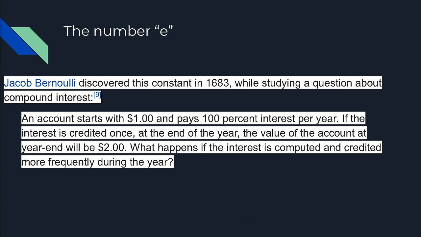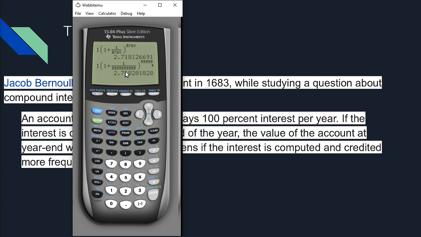And this is a big deal. There is this number, Bernoulli said, e. And e is the number that we are getting closer and closer to. So if we made this value even bigger, we would be closer to e.